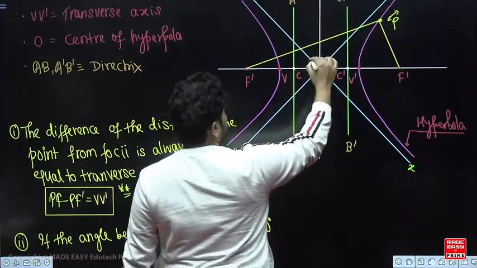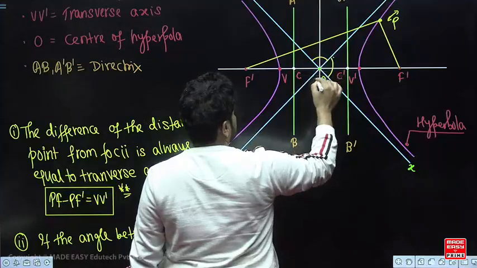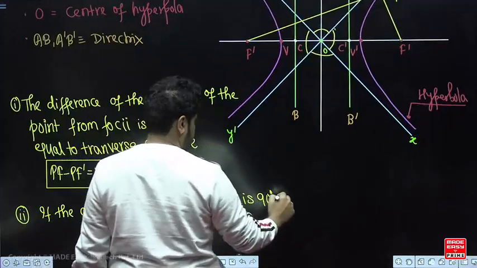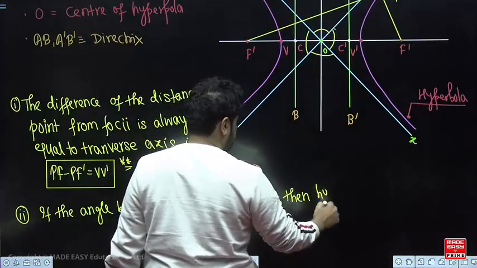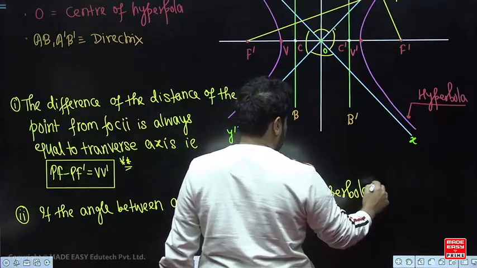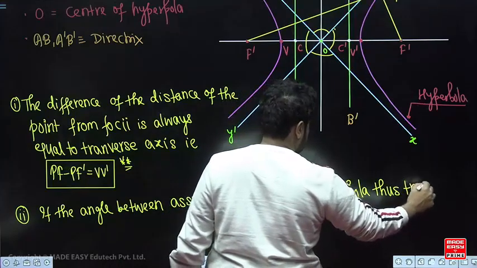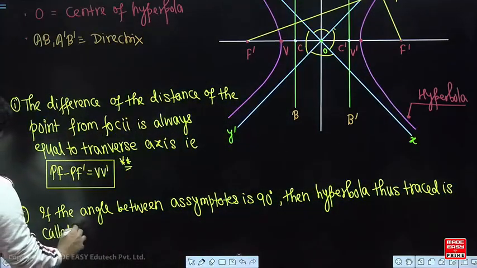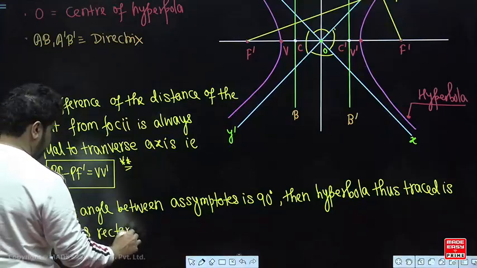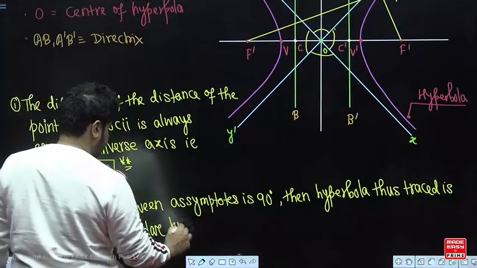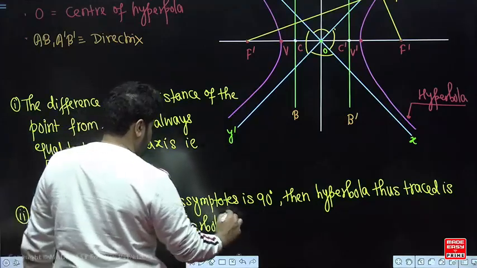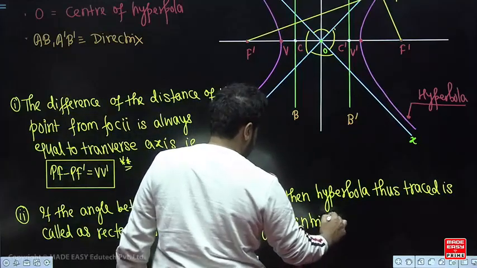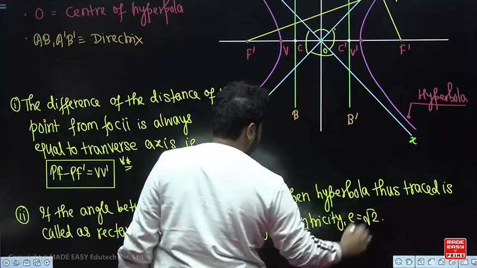So that means if this angle between asymptotes is 90 degree, then the hyperbola thus traced is called a rectangular hyperbola, having eccentricity e equal to root 2.